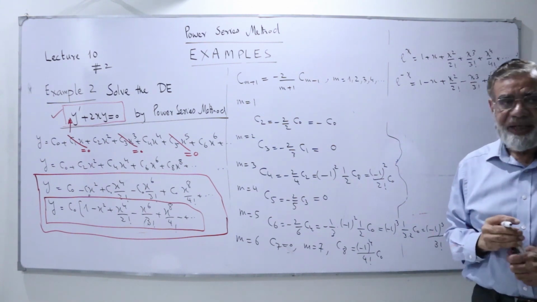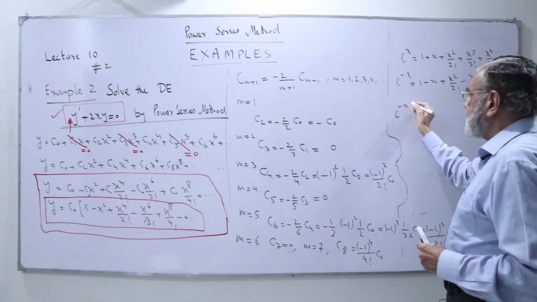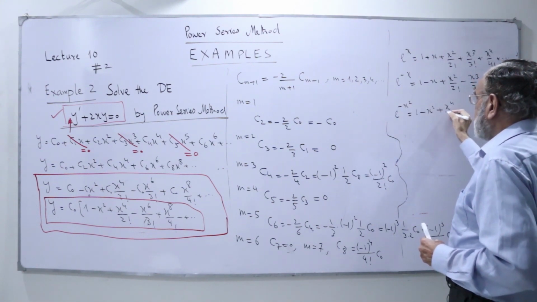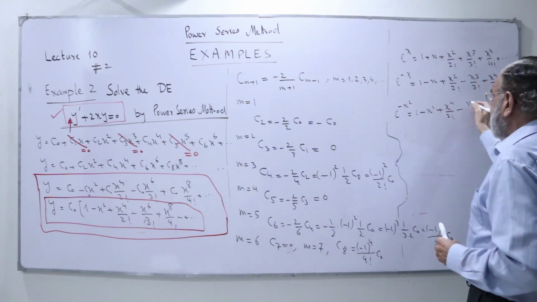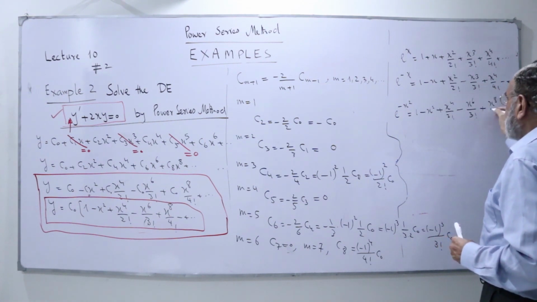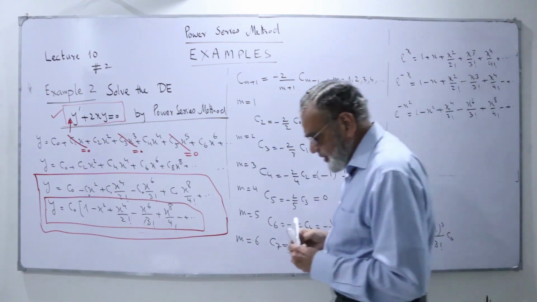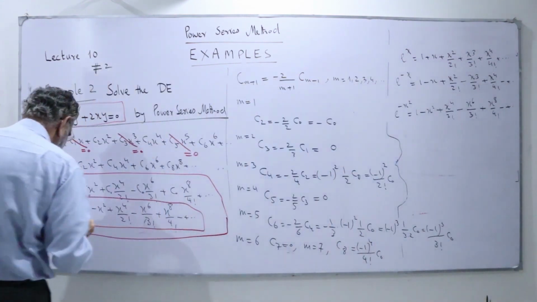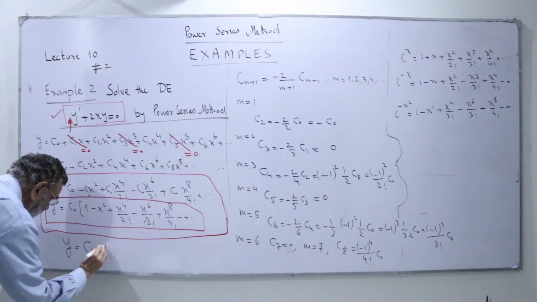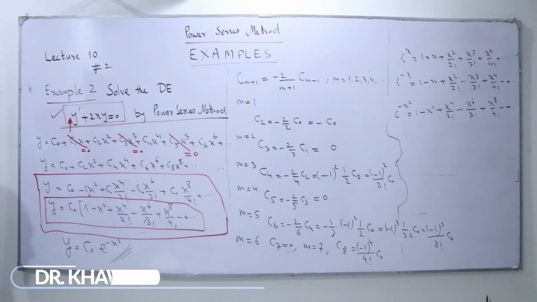I change by x squared, so we get e to the power minus x squared, which is 1 minus x squared plus x to the power 4 by 2 factorial minus x to the power 6 by 3 factorial plus x to the power 8 by 4 factorial and minus plus so on. If you look at that, that's the result, and when we combine this result with this one, we get y is equal to C0 e to the power minus x squared. So that's my solution in terms of a function.